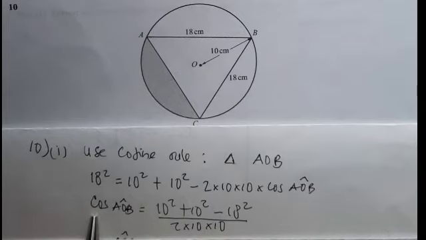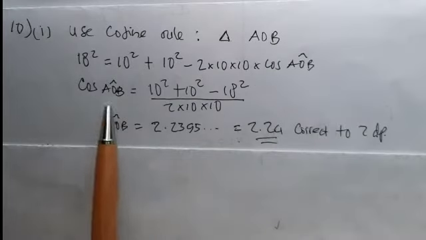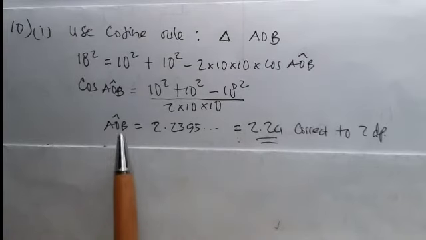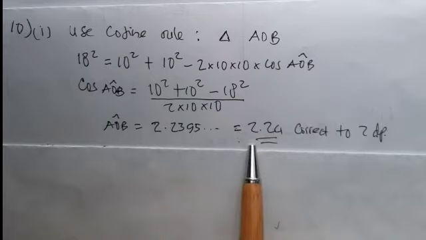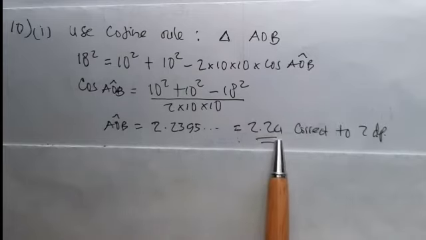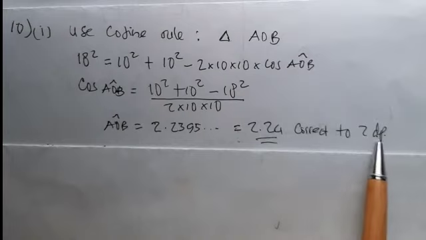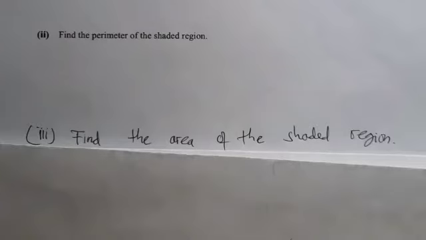Cos angle AOB is 10 squared plus 10 squared minus 18 squared divided by 2 times 10 times 10. Now you can use your calculator to find angle AOB. That is, angle AOB is 2.2395 etc., and equals 2.24 correct to 2 decimal places. Thus shown.